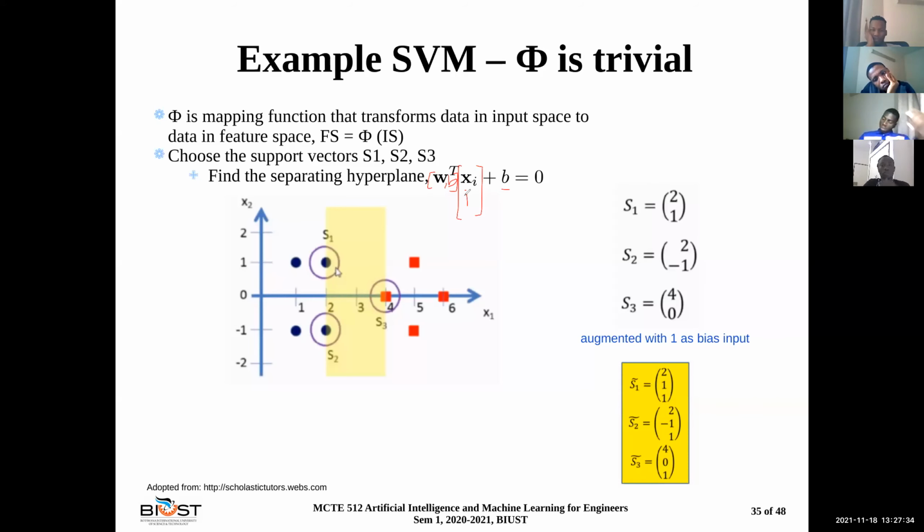Our X's, or our inputs, will be augmented with 1.